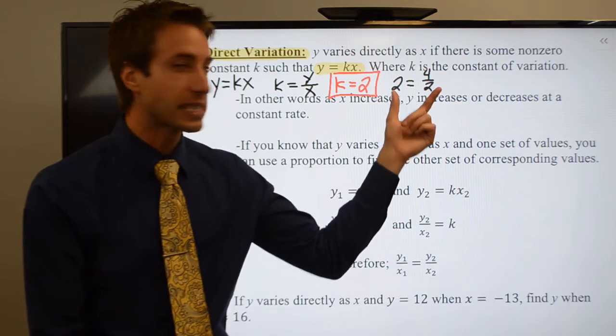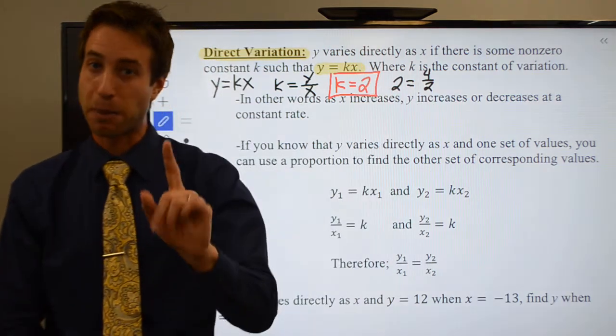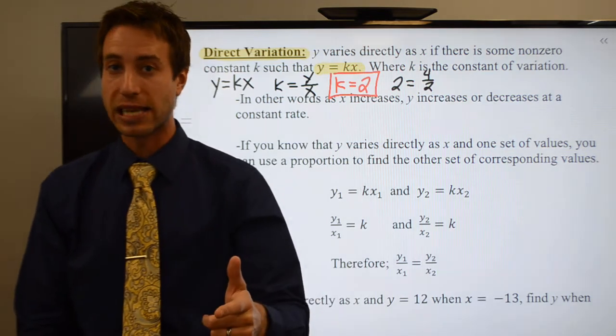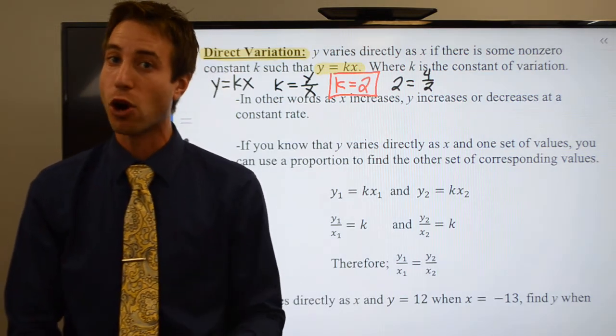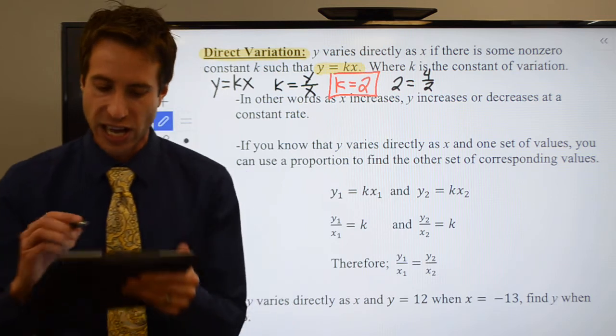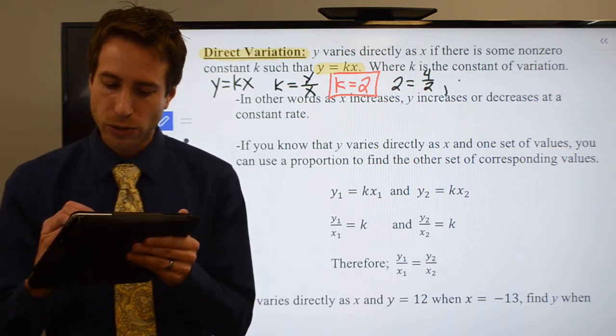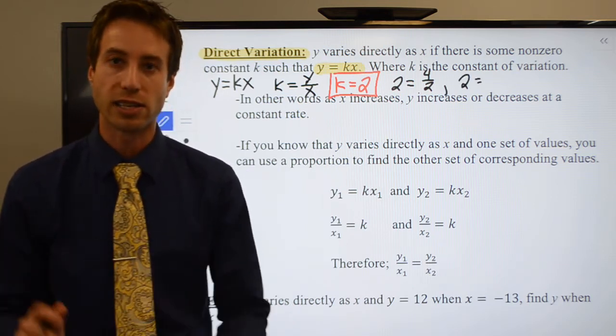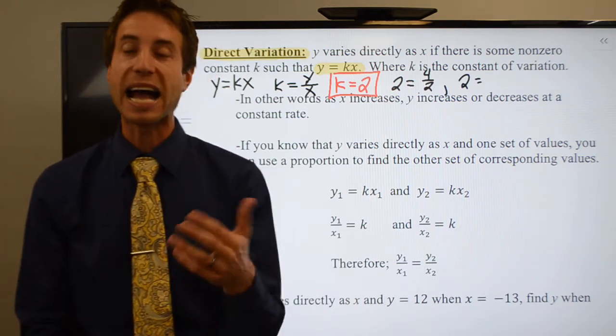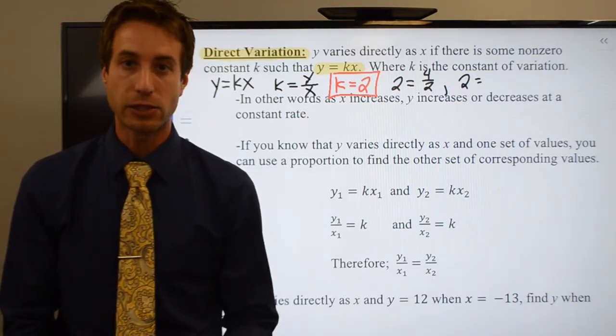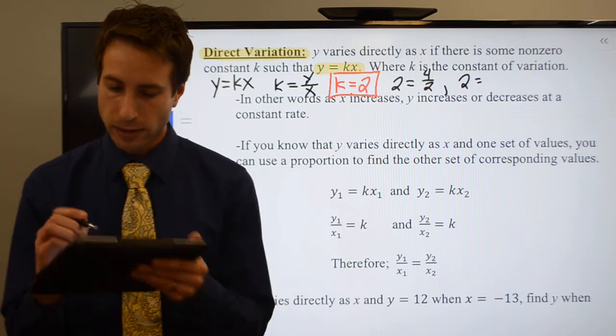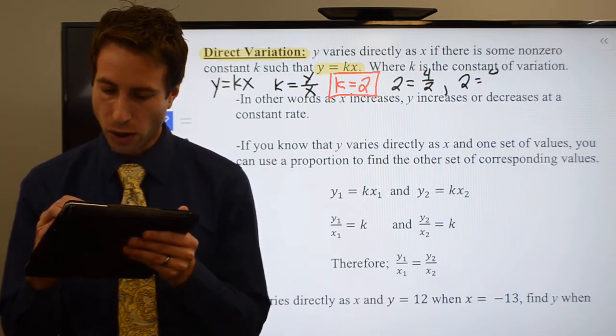Now looking at one example problem doesn't really help us see anything, but when we look at another example problem, you'll see why it's called direct variation. It's got to be equal to 2. That's my constant of variation. But I need something else that'll get me 2. Well, 8 divided by 4.